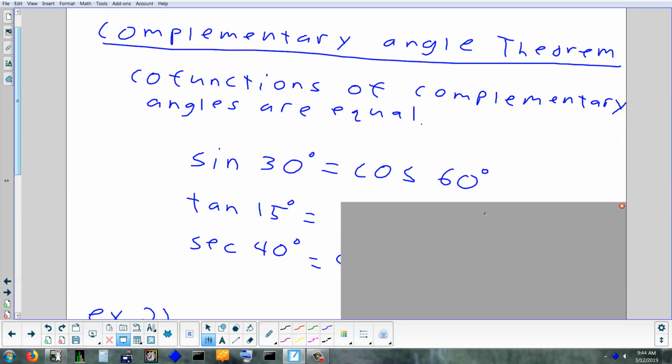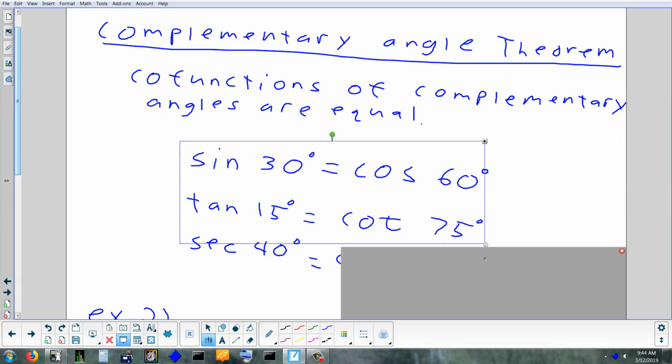Do 15 and 30 add up to 90? We're looking for an angle that adds up to 90 with 15. What angle would add up to 90? 15 and 75. So cofunction, cotangent, complementary to 15, 75.